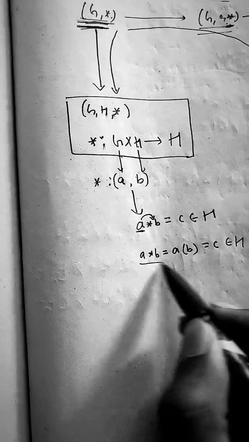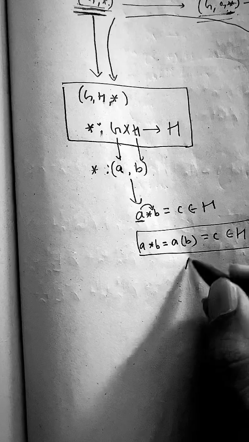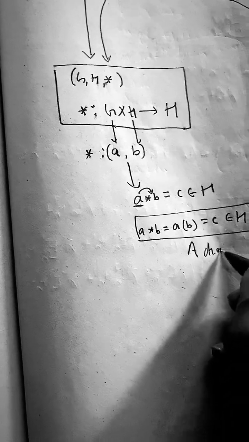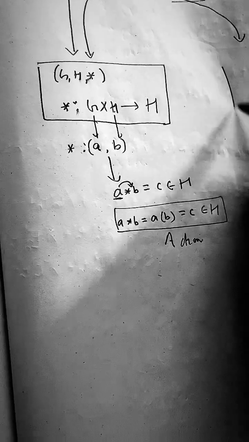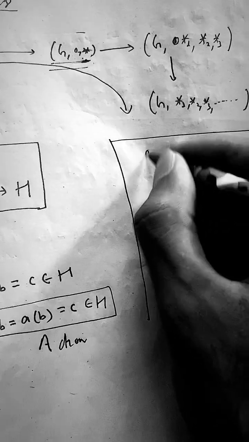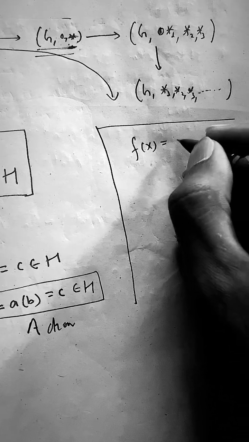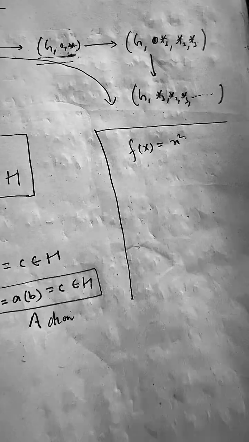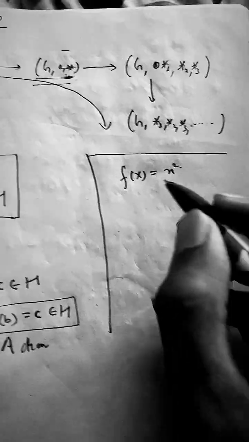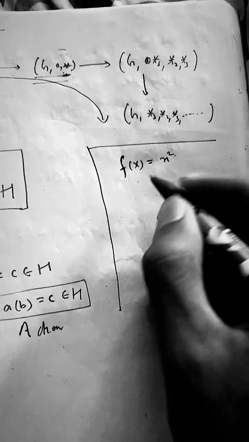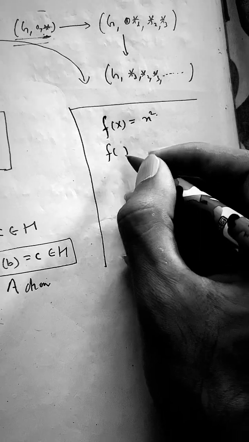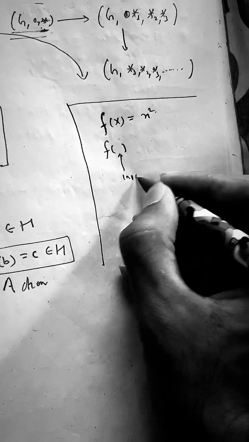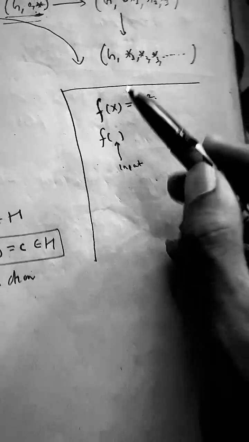See it very clearly what's happening. It's an action. A acting on B. For example, to make this clear, let's choose an example of a function. F of x equal to, let's say, x square. Now what is happening? Here we have f, and here we have some input, and the input is for now x.